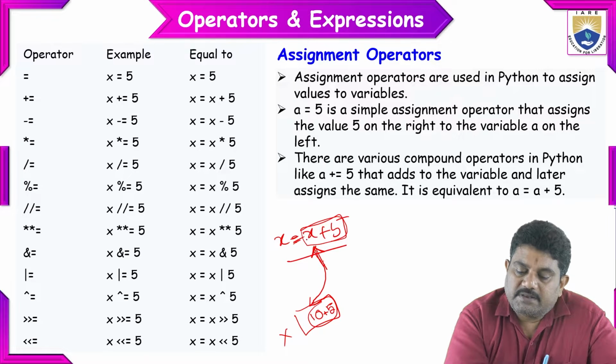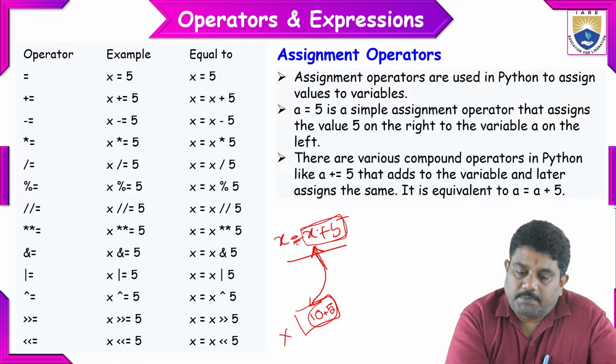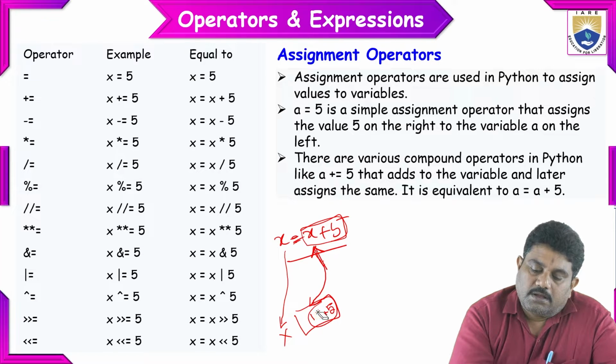Whenever it identifies an equal to operator, it means it is an assignment operator. Whatever the value is here available, that value has to be assigned to the left side variable. So now again it starts searching for x, but it's already value changed to 15, and the same 15 it is assigning second time to the x. So 15 again overridden. So 15 is there. Now again the 15 is overridden.